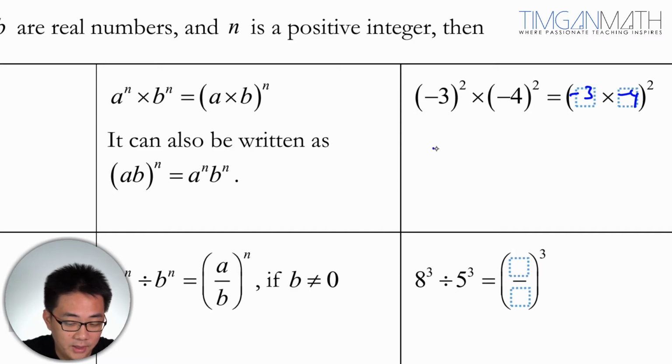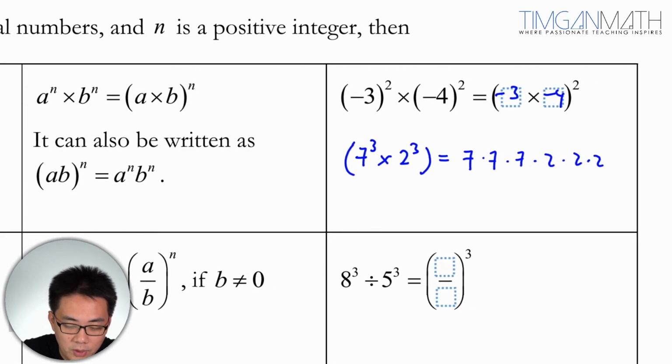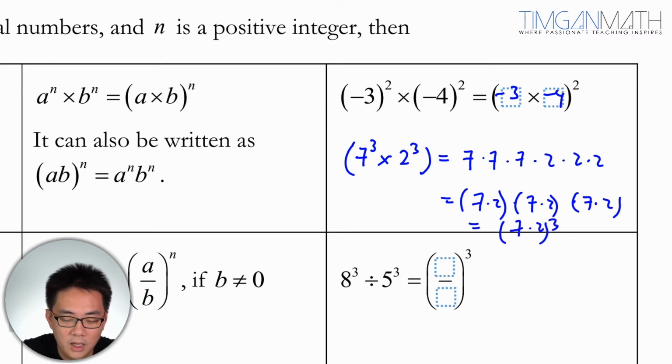Let me find an easier way: 7 squared times 3 times 2 to the power 3 here. This is actually 7 times 7 times 7 times 2 times 2 times 2, which if you rearrange it will also be 7 times 2, which is 7 times 2 to the power of 3. So that's the reason why you can just factorize the 3 out. But yeah, just take note of that.